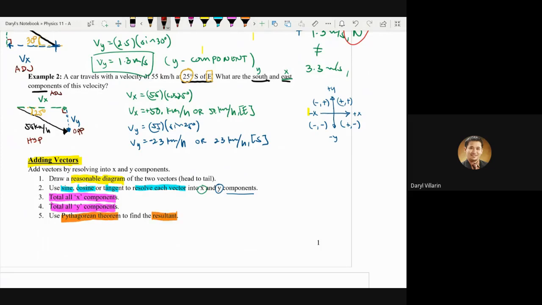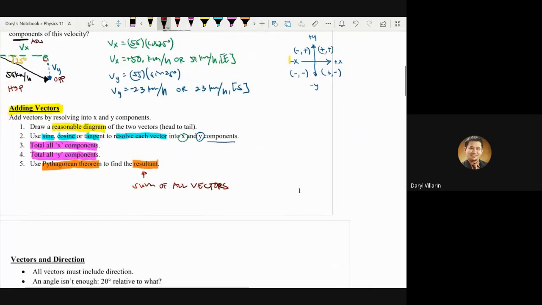When you say resultant, it is just the sum of all vectors. Resultant is another term that we use when we take the sum.